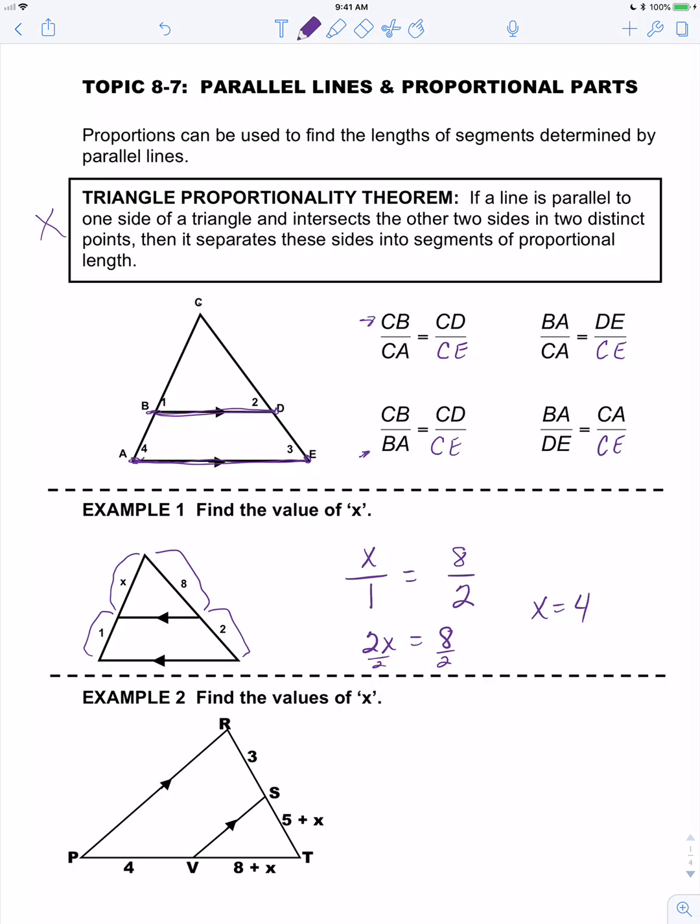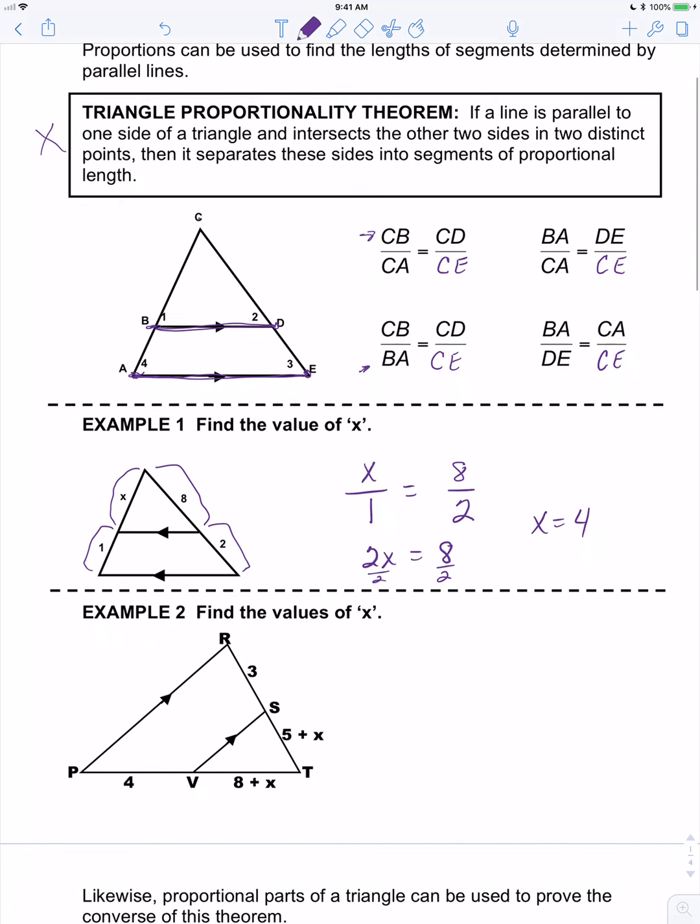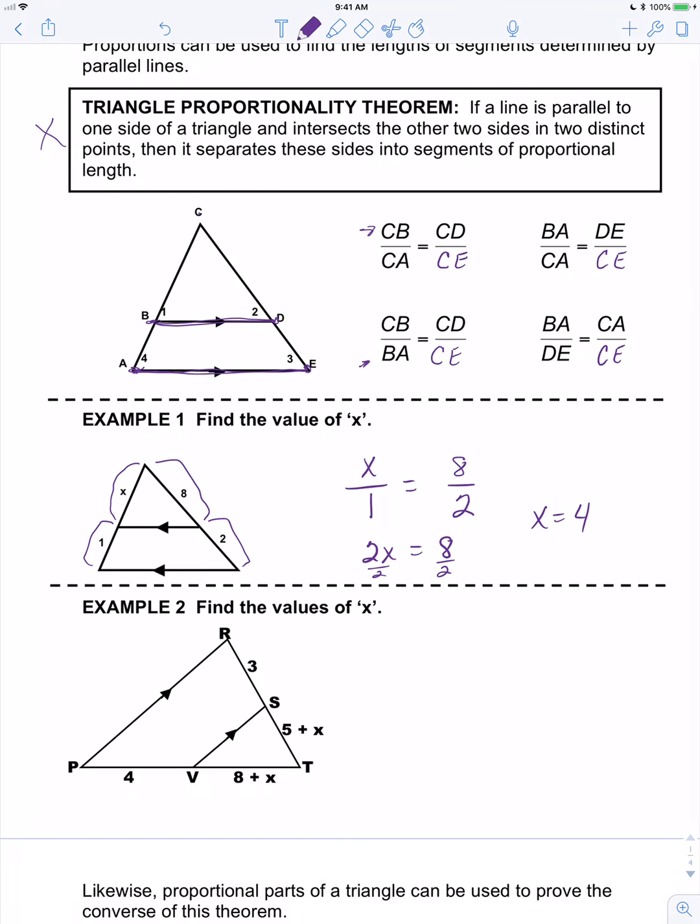All right, so we're going to set up another one. Find the value of x in this one. So we can do the same thing. We've got our two parallel lines right here. So we know 3 has got to be proportional to 5 plus x, as 4 is to 8 plus x. Okay, we're going to cross and multiply. And remember, when you cross and multiply, that means you're multiplying the entire unit by that other entire unit.